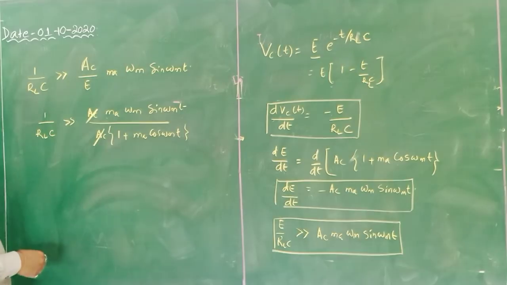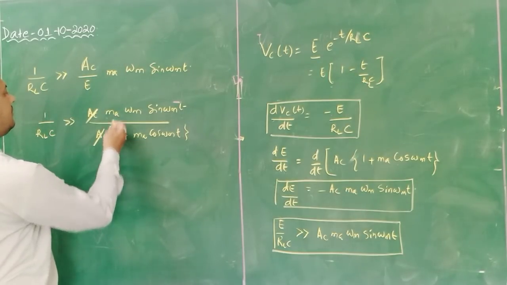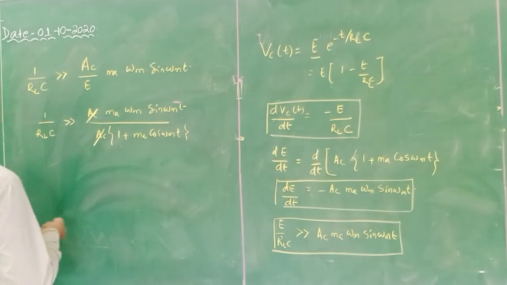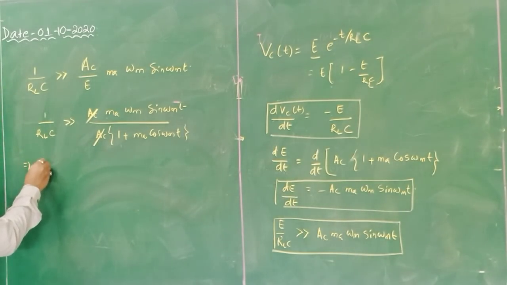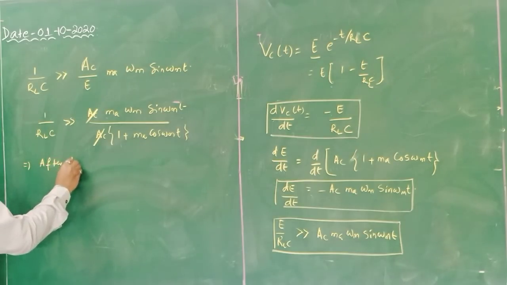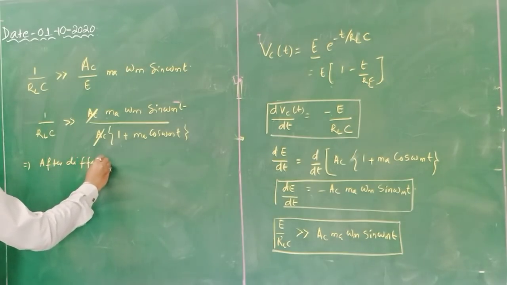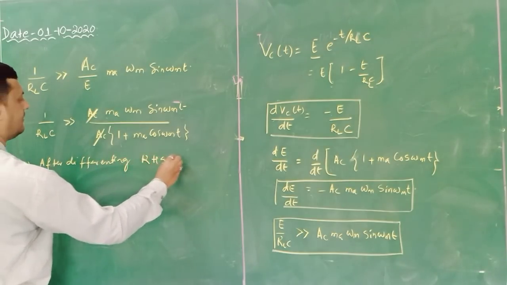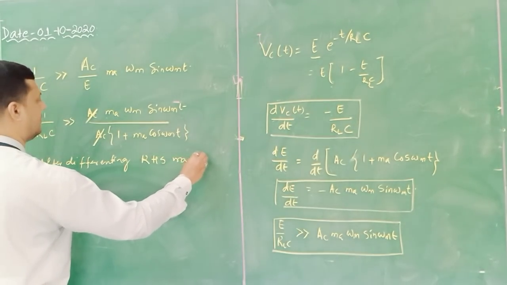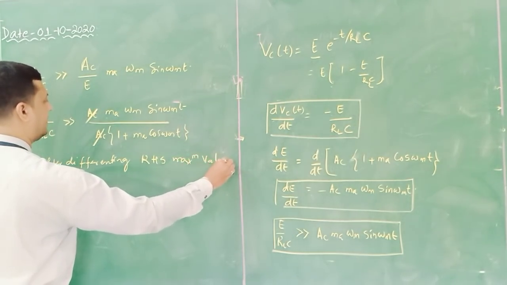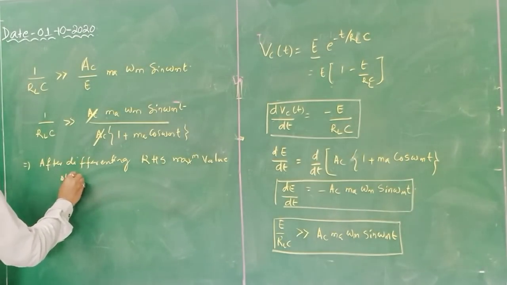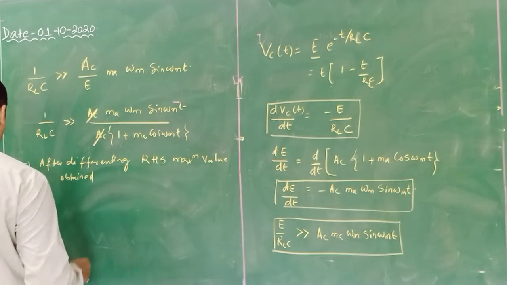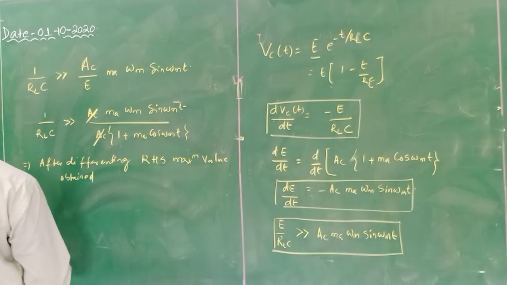Now what will be the maximum value? To get the maximum value, we need to differentiate this with respect to time. So after differentiating the RHS, the maximum value is obtained.